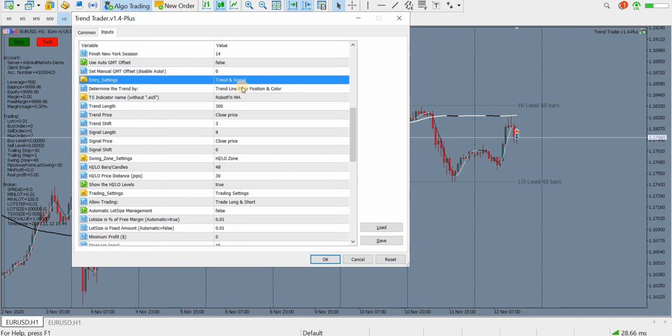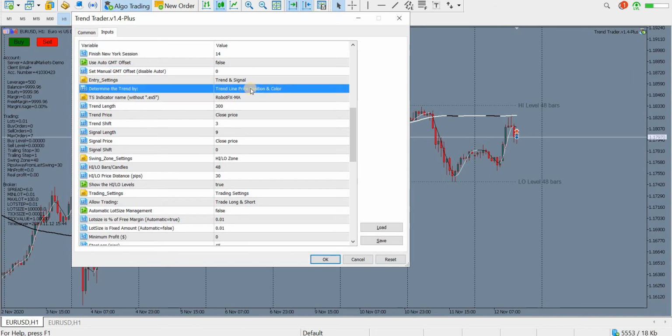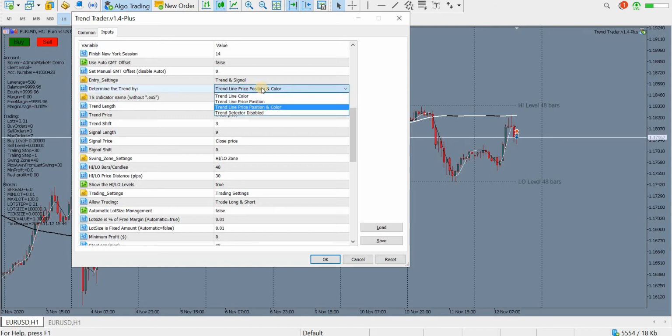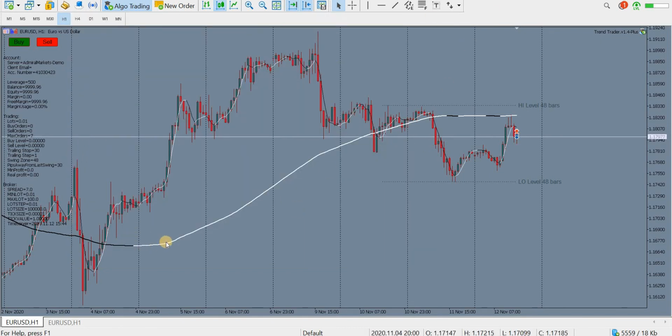Now we have the trend and signal settings, and I have explained this in the first video. The expert advisor uses this trend line to determine the trend, this big thick trend line, the wide one, and this signal line, the one that follows the price closely.